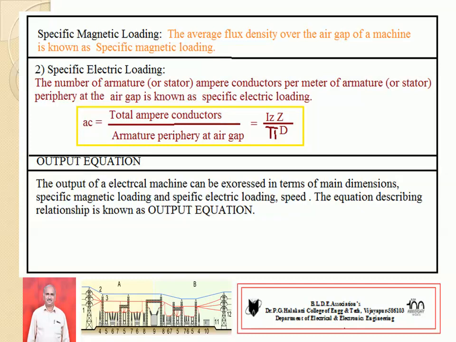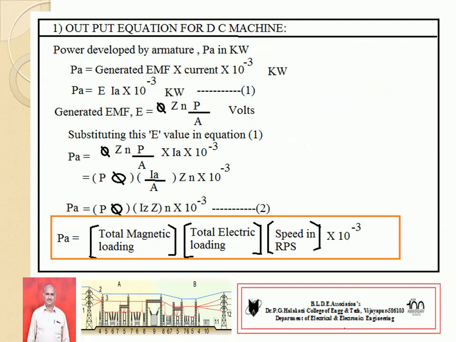This equation describes the relationship. Such an equation is referred to as the output equation. So we have to derive the output equation for DC machine as well as AC machine. This is a very important derivation. It is available for module number 2, output equation for DC machine.